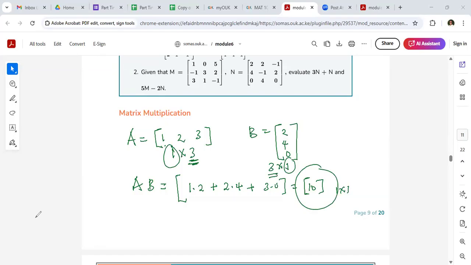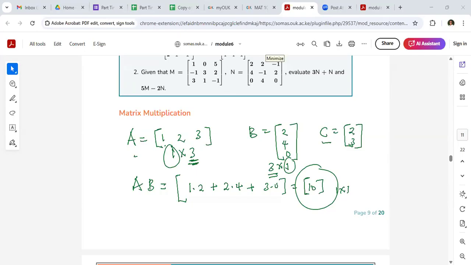It only has one entry. If, for example, I take the matrix C to be the following matrix, 2, 3, can I multiply A by C? Is it possible? No. Why?